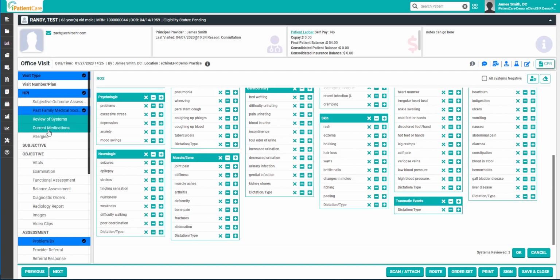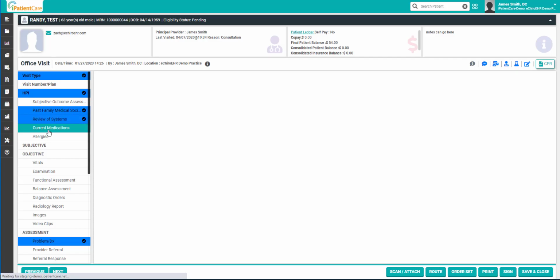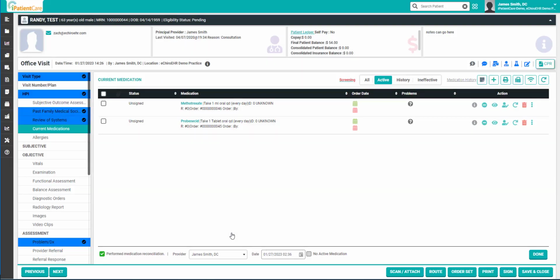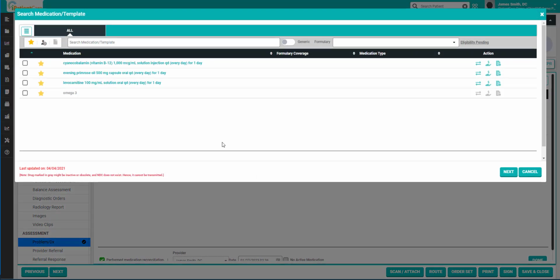Documenting current medications that the patient may have. So when we work in this particular section, it allows us the chance to add new medications to the list by searching the medication that are available.